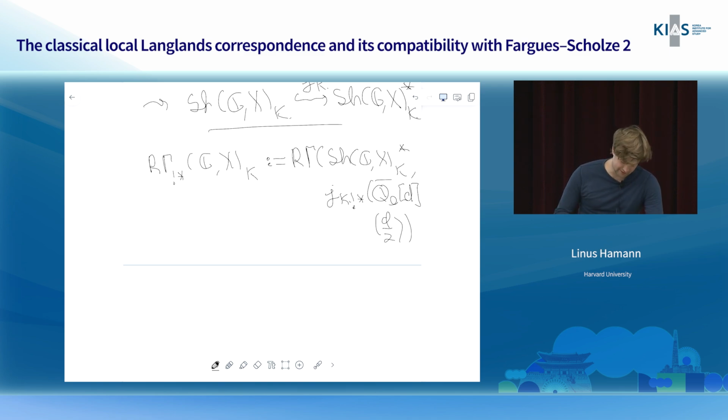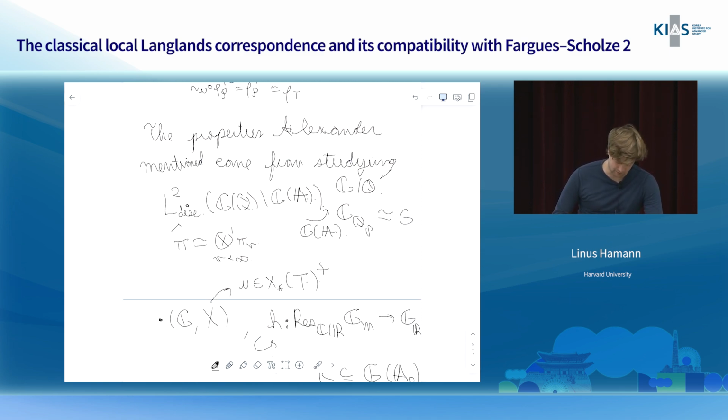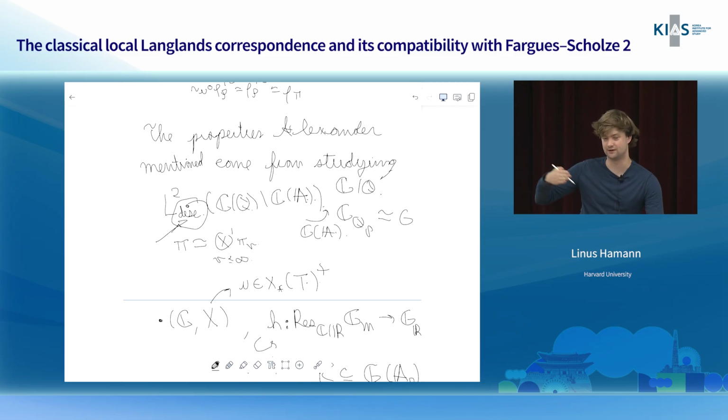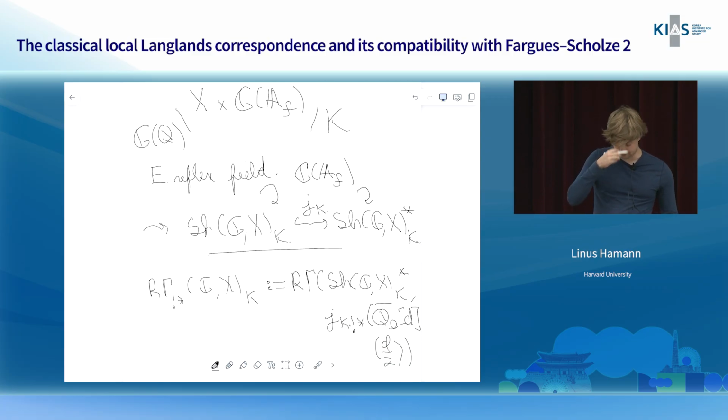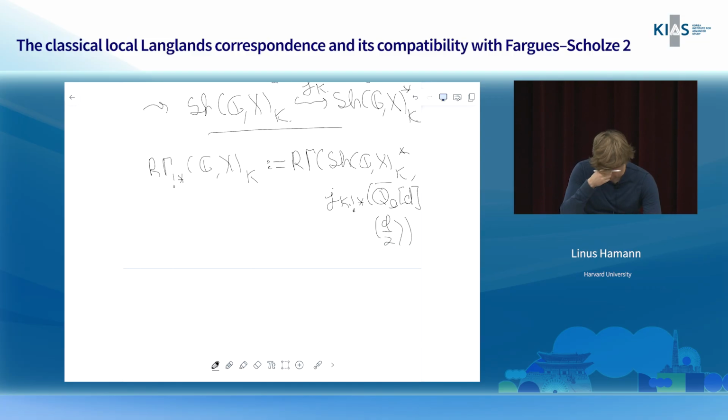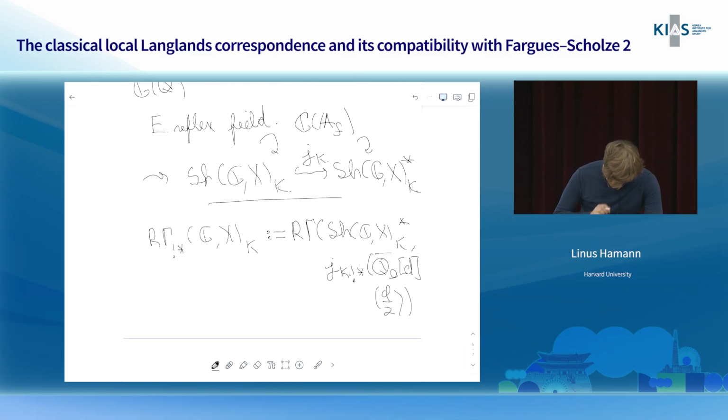So I'm kind of mixing compactly supported and regular cohomology, and the reason is I really want to see just the discrete part of this spectrum. So you need to kill some boundary terms having to do with the fact that this space is non-compact. That gives rise to Eisenstein series and so on.